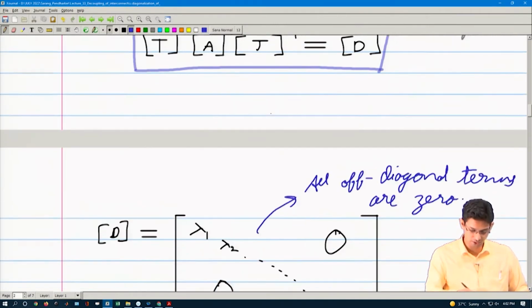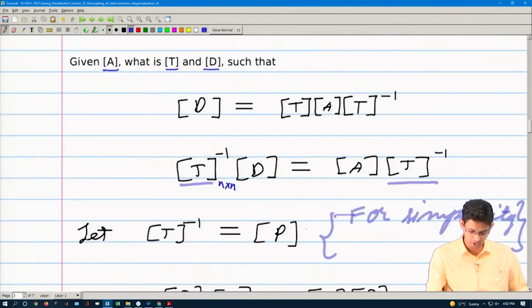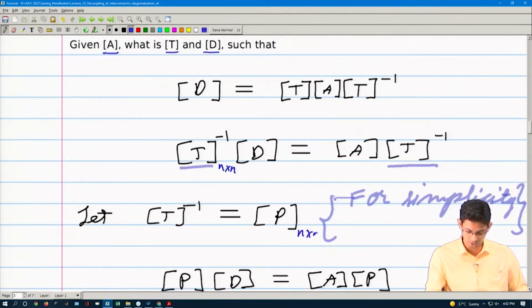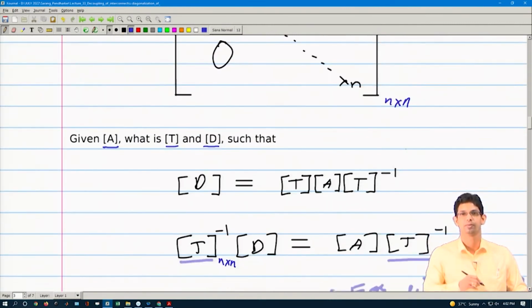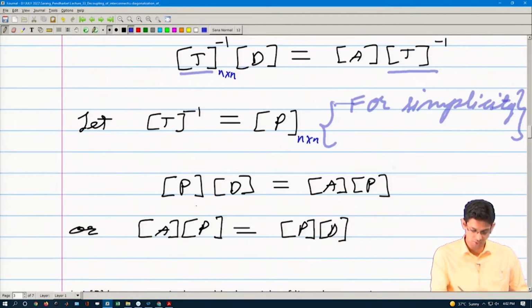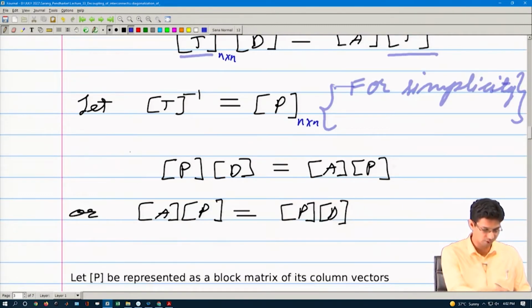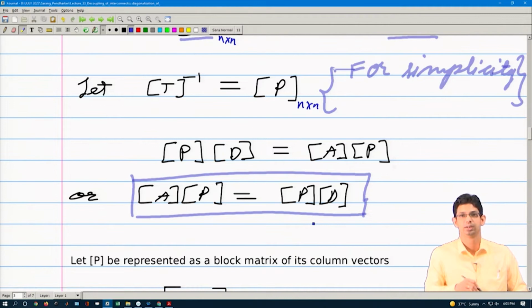So, T is n cross n, then your T inverse is also n cross n and your P is also n cross n, and this is also n cross n, right. So, basically you have to find a matrix P that will satisfy this condition.